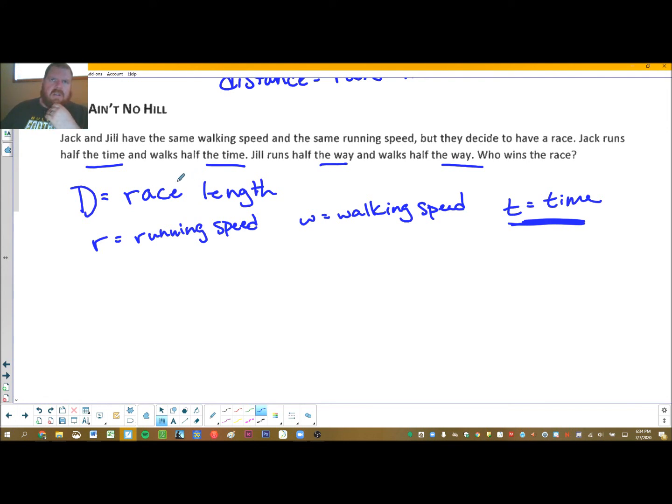Now since the capital D really is going to equal a rate times a time, because it's a length or a distance. For Jack, let's start with Jack.